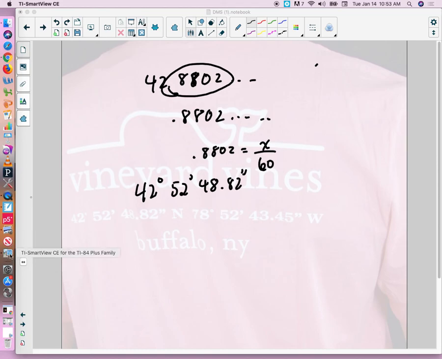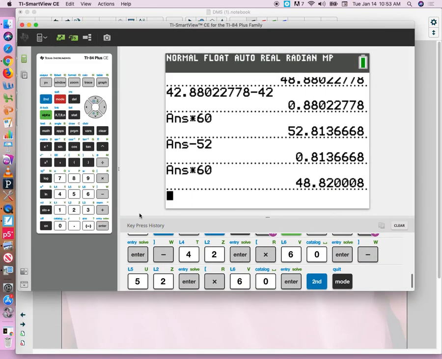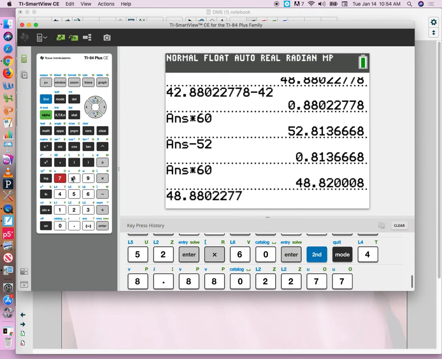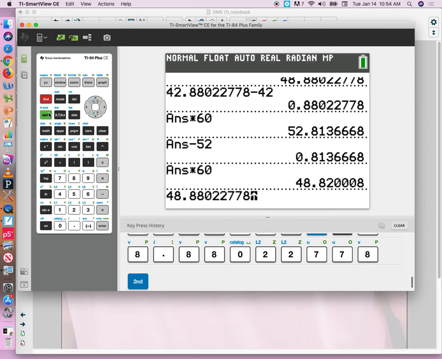so calculator-wise, I felt like that was more tedious than I like. So I like to be efficient, so I know about the angle button. So this is what I actually do. I go 48.880227778. If I want to change it to degrees, minutes, and seconds, I use this button.